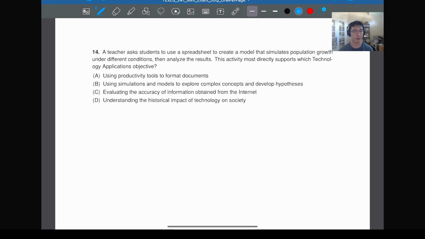It is true that we are using technology to understand something about society, right? Population growth. But to say that we're trying to use a spreadsheet to understand the historical impact, that's kind of taking it a little bit too far. So out of all these answer choices, B would be the best answer.